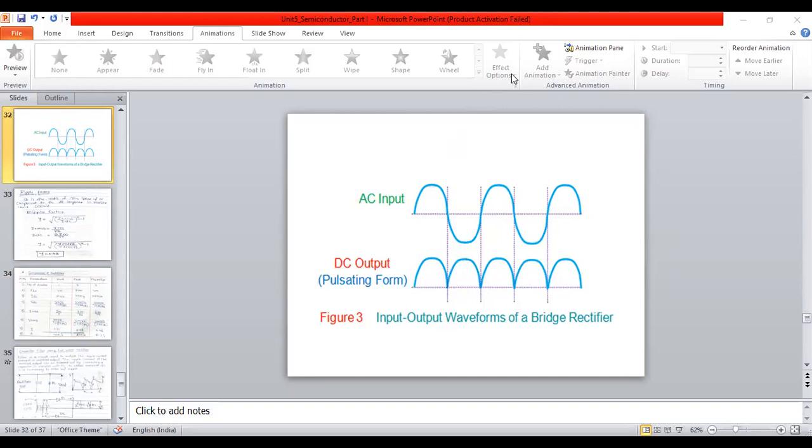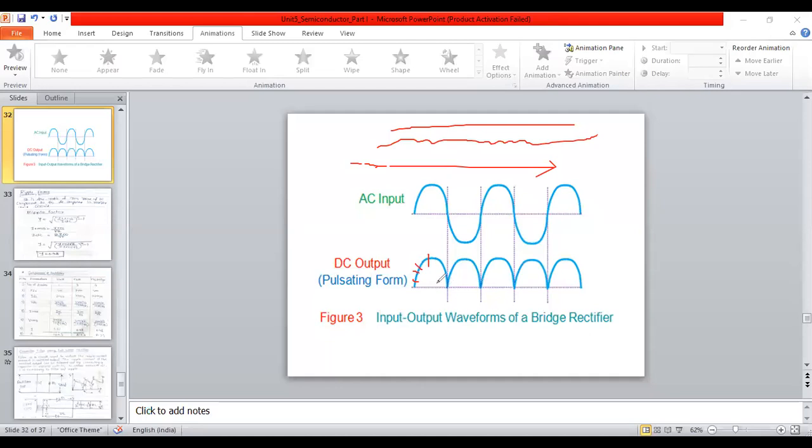We should actually get a straight line, constant DC, but here it is not constant, it is pulsating. For 30 degrees it is different, and for 90 degrees we get the peak value.